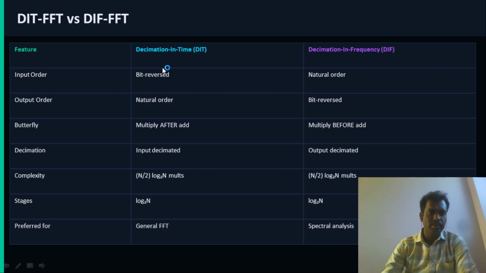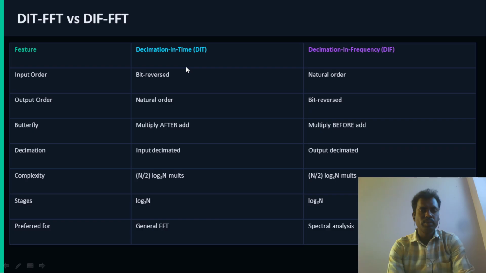In decimation in time, as I told, the input is time and in the DFT the output is frequency. The input is in bit reversed order. When you keep splitting the input samples into two parts, even and odd, from one stage to another, by the time the log n stages finish, the input order is changed.